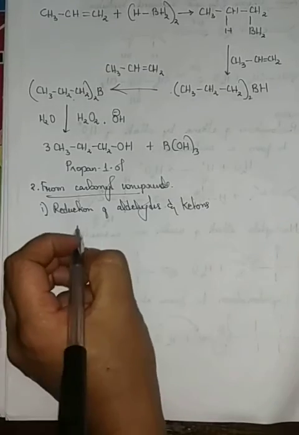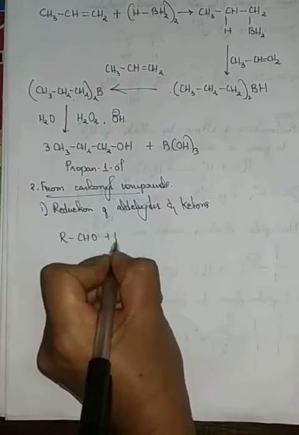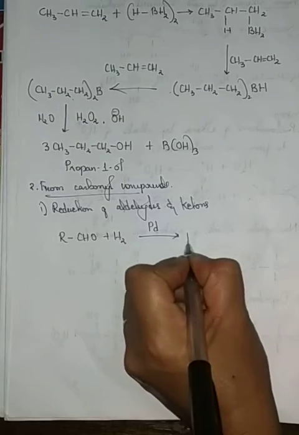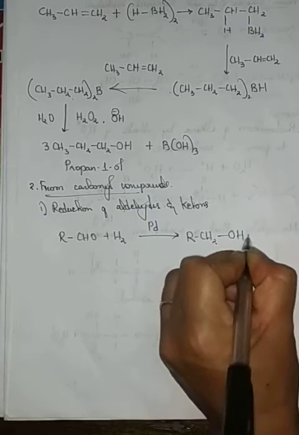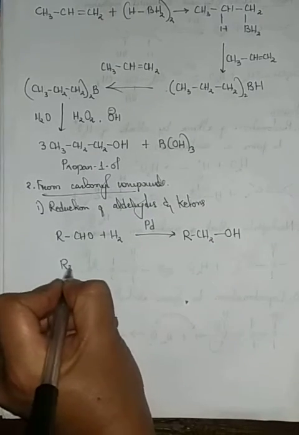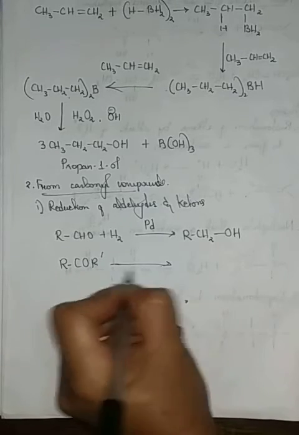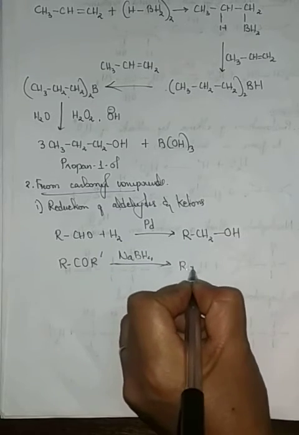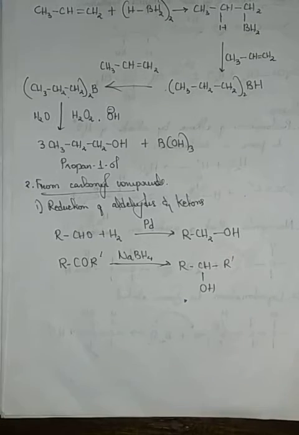Now let's check here. If aldehydes are reduced by the addition of hydrogen in the presence of palladium, we get RCH2OH. And if a ketone is treated with sodium borohydride, then we get RCH(OH)R.